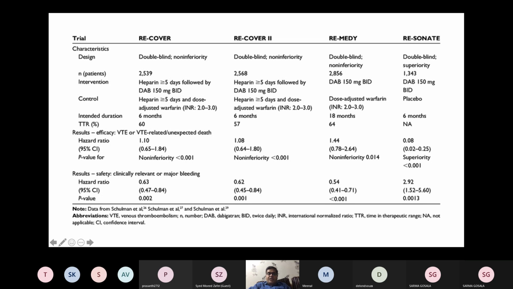In terms of prevention of VTE and deaths, it was found to be non-inferior as compared to the comparative drugs. And it was also proven to be safe. In all the trials, dabigatran was found to be safe. So you have good trials in atrial fibrillation and in VTE thromboprophylaxis in patients undergoing orthopedic procedures.